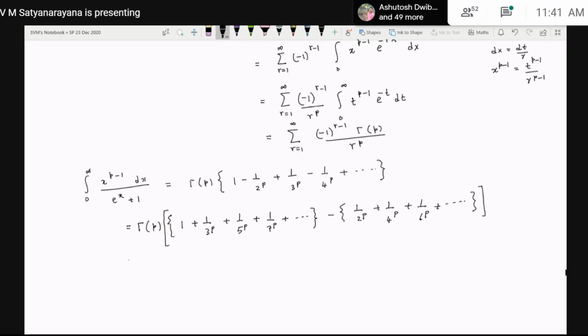So I can write this as gamma of p into, so anyway, let me write this first: 1 plus 1 by 3 to the p plus 1 by 5 to the p plus etc., minus 1 by 2 to the p. If I pull that out, then I have 1 plus 1 by 2 to the p plus 1 by 3 to the p, etc.